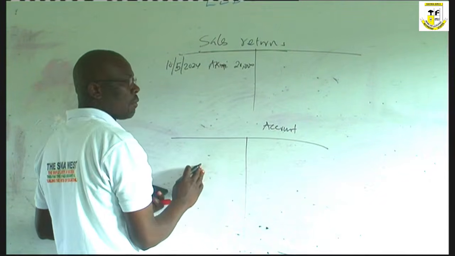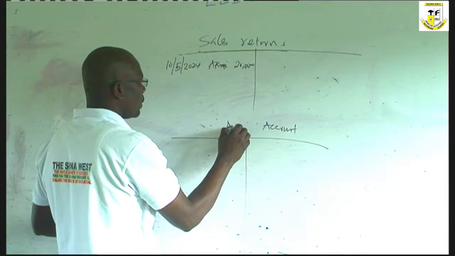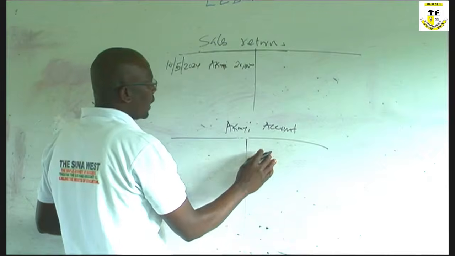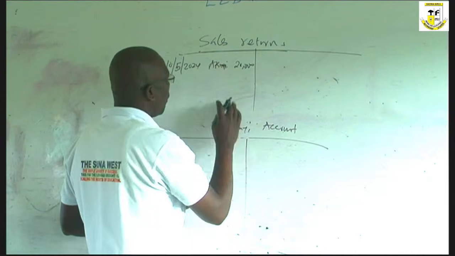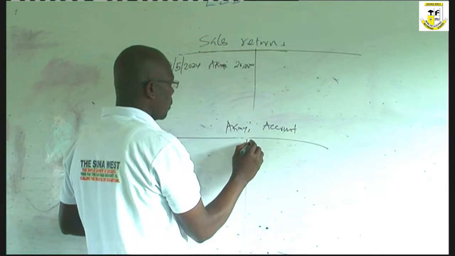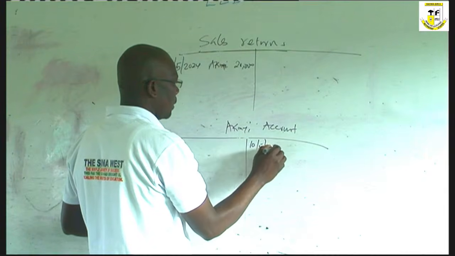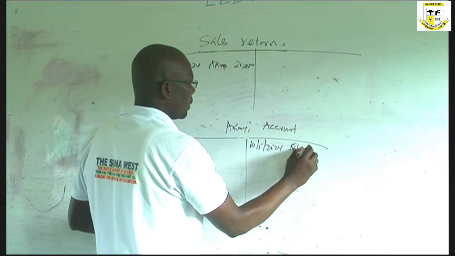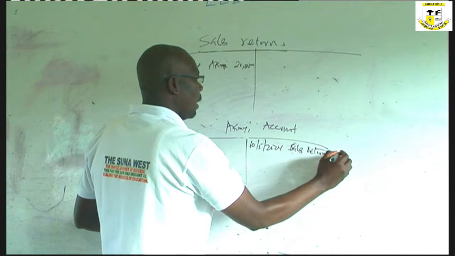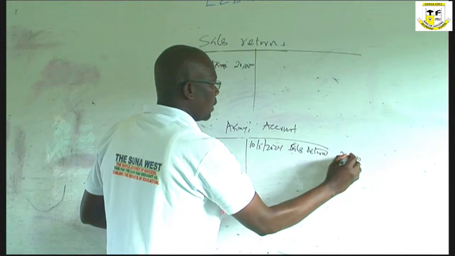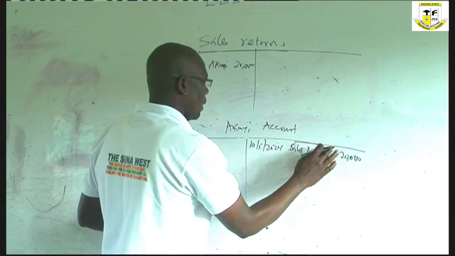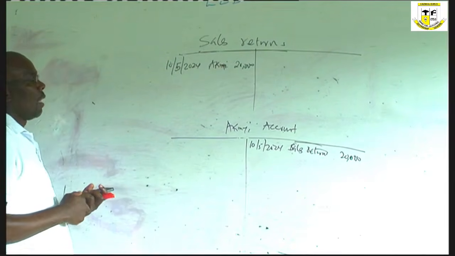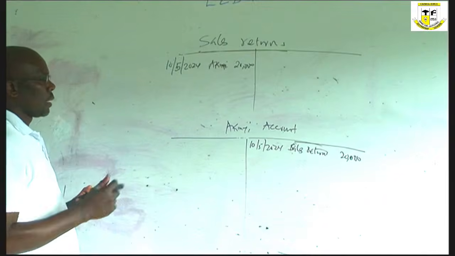Now in this case, instead of debtor, we say Akinyi's account. Akinyi was the debtor. Now we credit Akinyi's account, of course, in the name of sales returns. So we'll write the date, and then we'll write sales returns. Amount is 20,000. So that is how we make entries when we are dealing with stock, the four forms of stock.